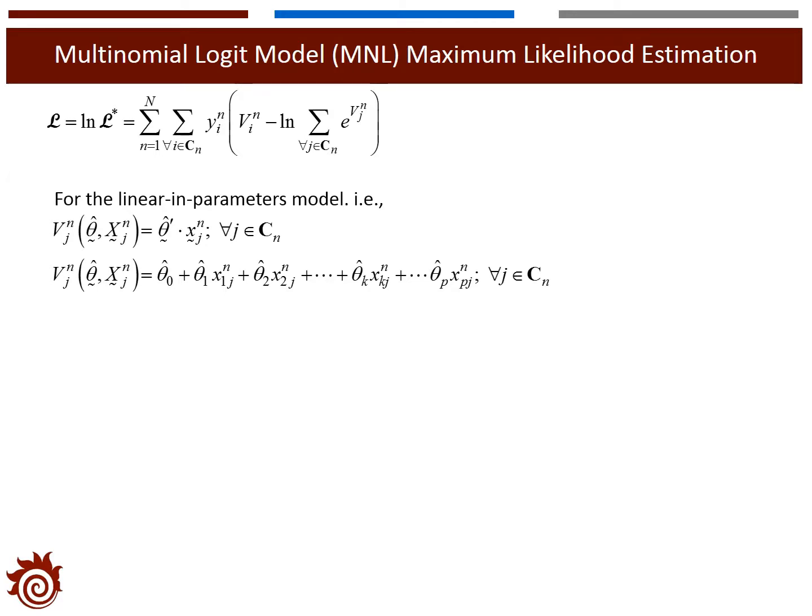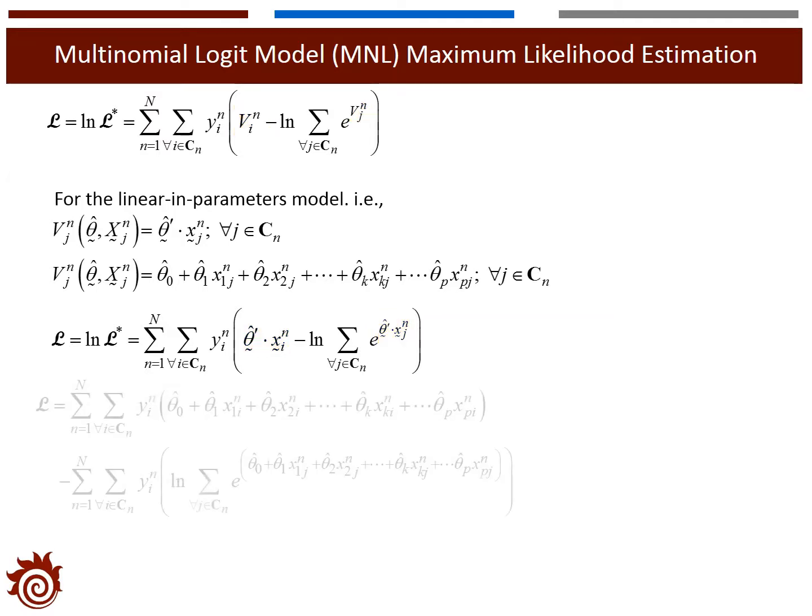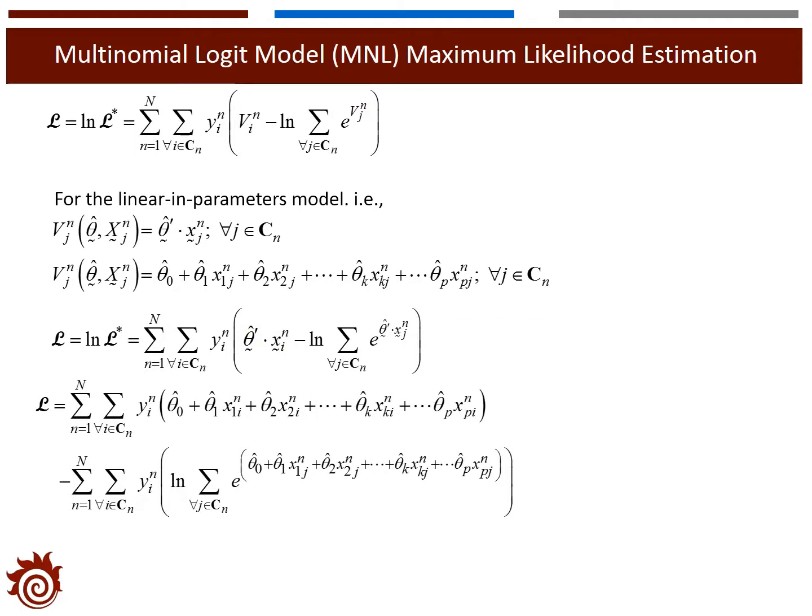With this assumption, we can expand the log likelihood function, replacing the Vj and Vi with the linear function, and we will have the log likelihood as a function of theta 0, theta 1, until theta p. Then we can use the first order partial differential to find the optimal value of theta k to maximize the log likelihood for the multinomial logit model.